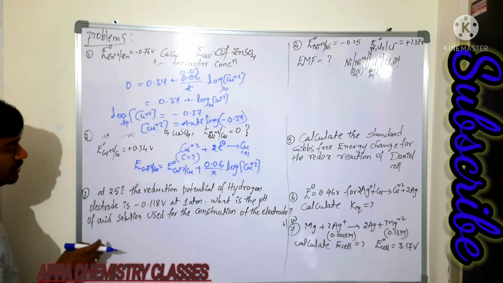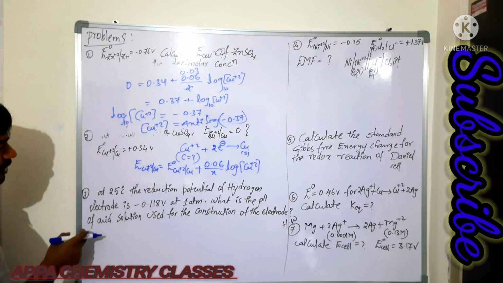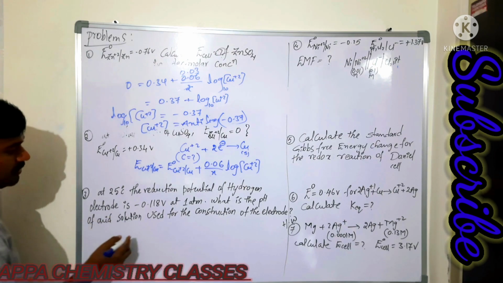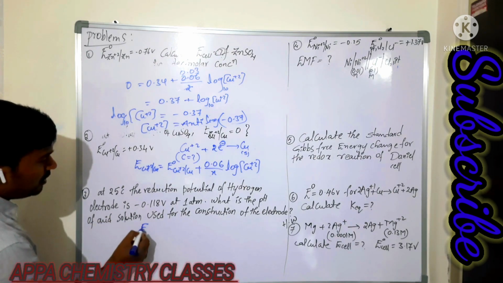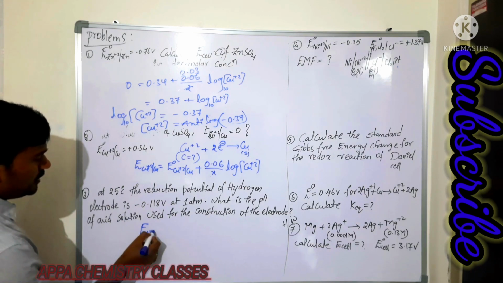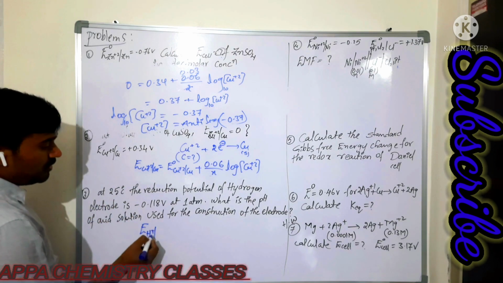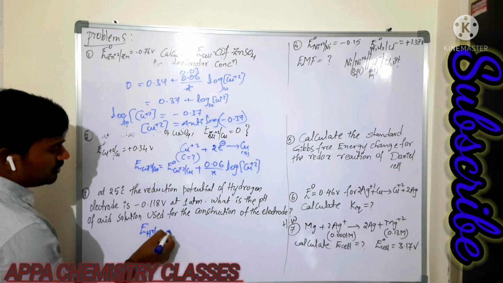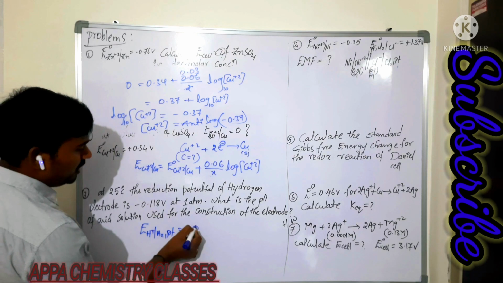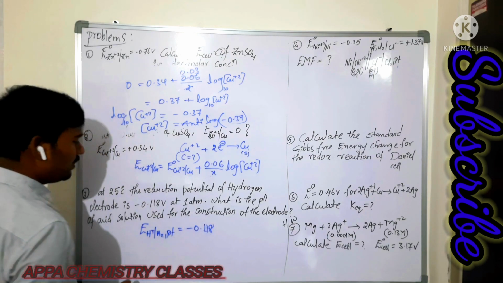Is that clear? So next question: at 25 degrees Celsius, the reduction potential of a hydrogen electrode is given. That is H plus, not the standard reduction potential. We know that the standard reduction potential of hydrogen is 0. Okay? So the reduction potential is minus 0.118, they have given.